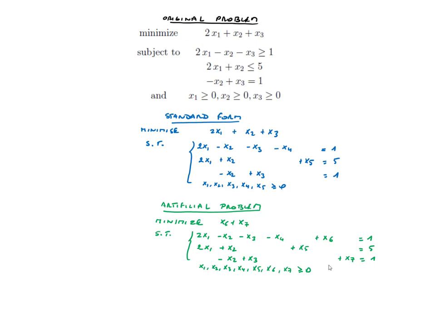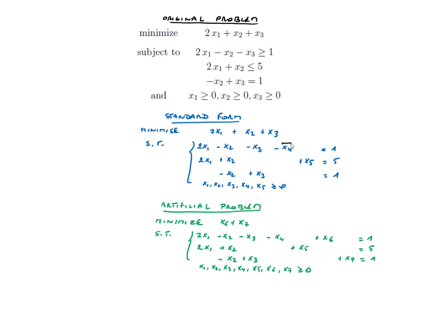So in blue what you see is the problem in its standard form. The original problem is a minimization problem, so this means that the standard form will also be a minimization problem. In the first inequality, we have larger or equal, so we should use here a surplus variable x4.